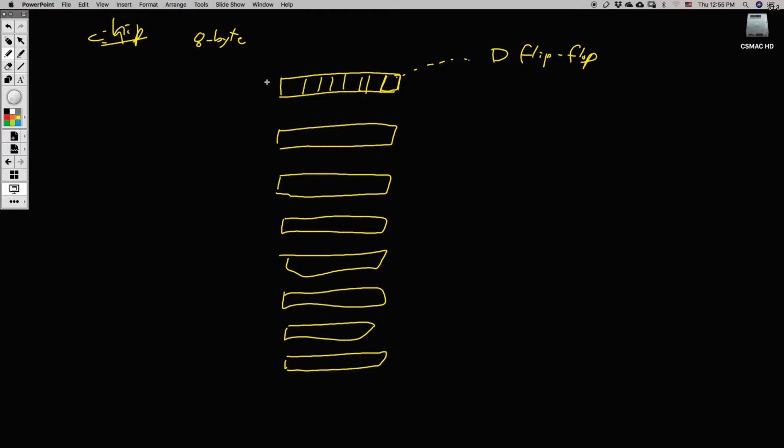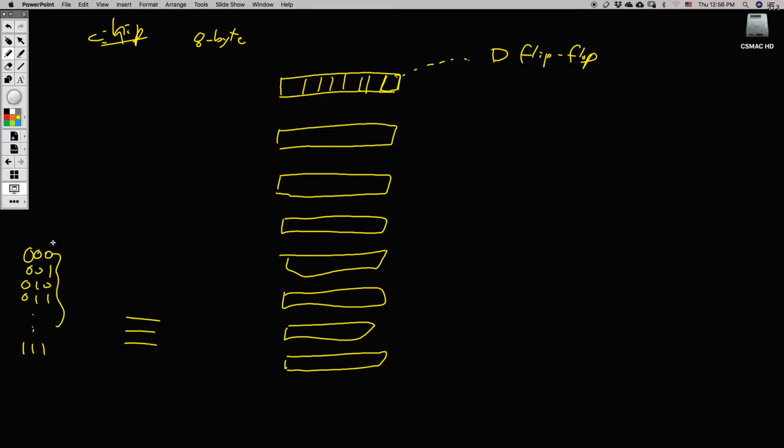Then, since we have 8 bytes, we need to select one of those to store information or to read information. So we need a 3-bit address. So we have a 1, 2, 3-bit address. With a 3-bit address, we can have all zeros, or 001, 010, 011, and so on, all the way down to 111.